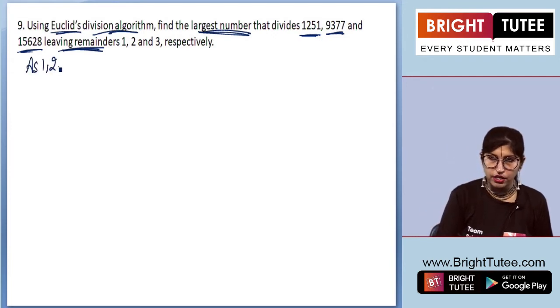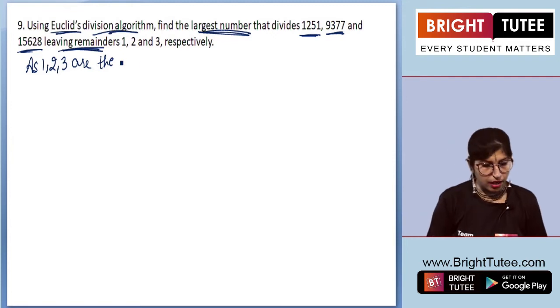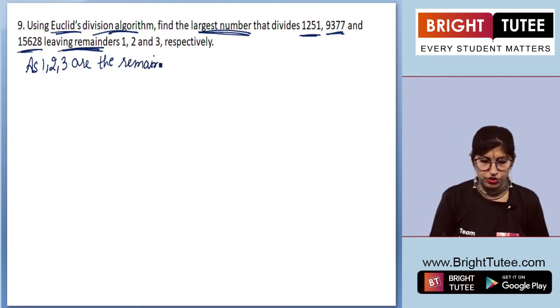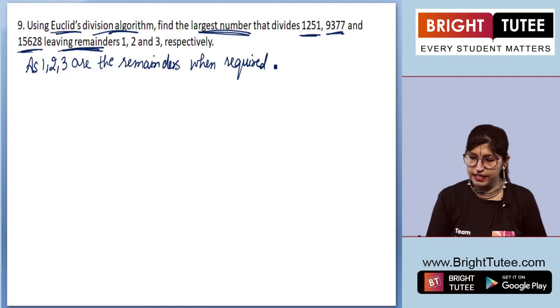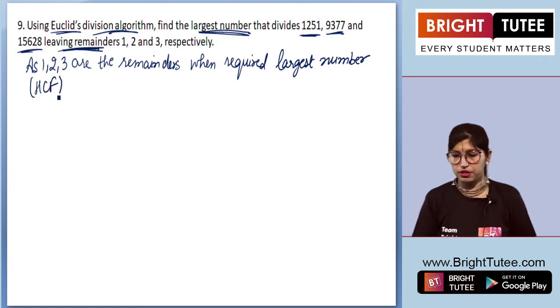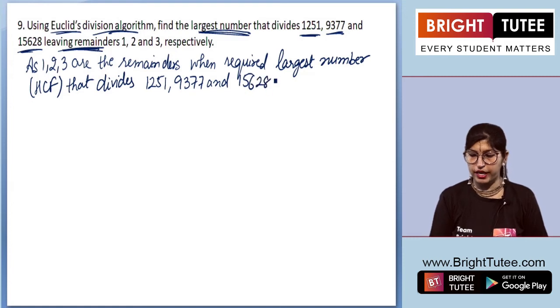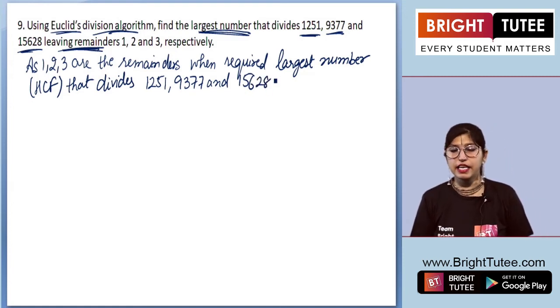As 1, 2, 3 are the remainders left, the required largest number, which is HCF, is the number that divides these three numbers, that means 1251, 9377 and 15628. It means we need to find the HCF of these numbers.